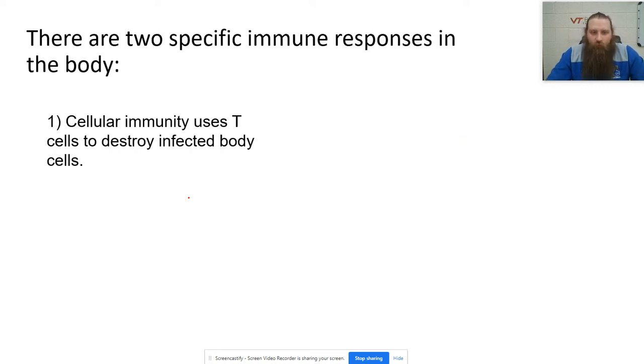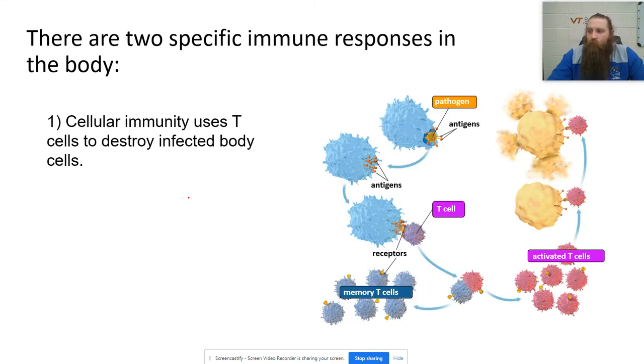The second kind of immunity that you're going to end up with is the cellular immunity with T cells. So T cells are going to sweep in and kill infected body cells. Now that's important. They're not only going to kill the pathogens, they'll also kill your own cells if they're infected. So the T cell has the right receptor to pick up an antigen.